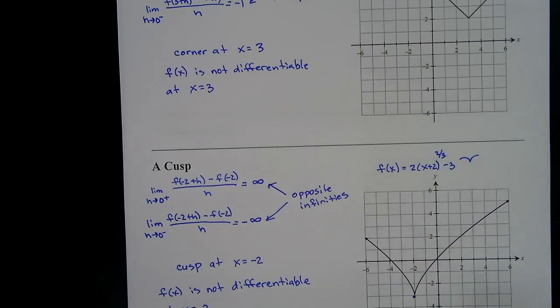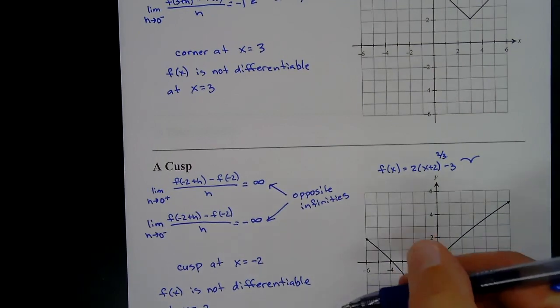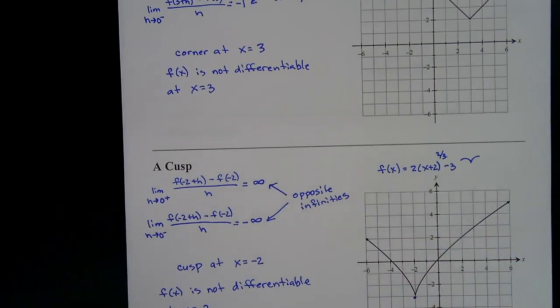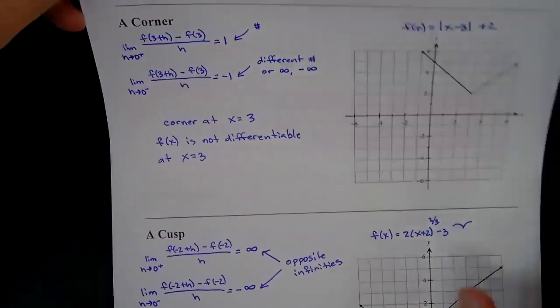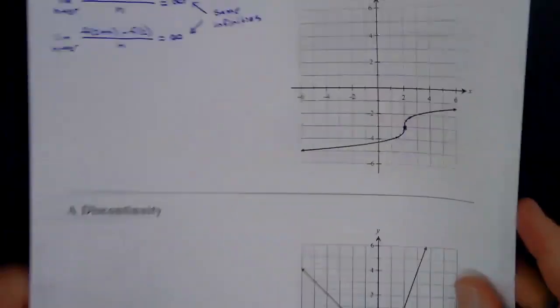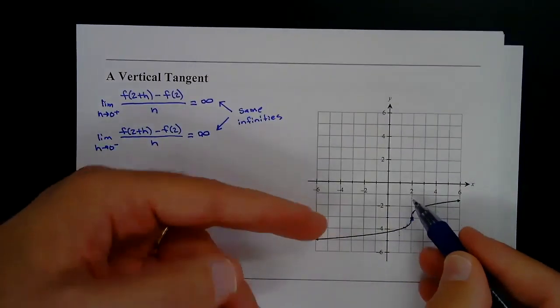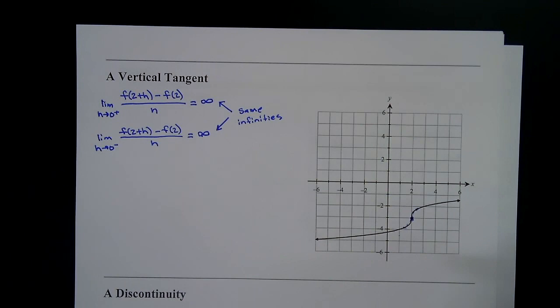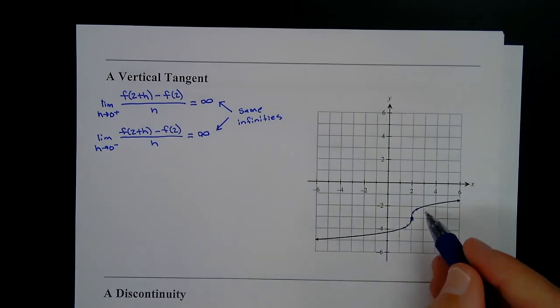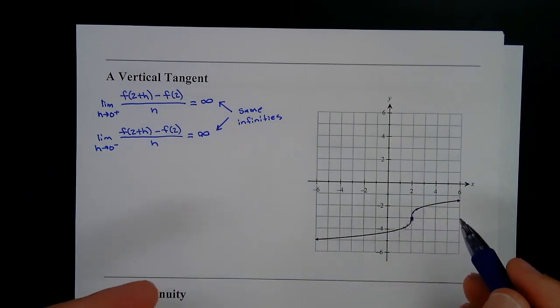Basically what it is, it's the cubic function, but one side has been flipped up over where the vertical tangent was. So for instance, if you were to take this part right here and flip it up, you would have a cusp. One of them would be infinity, and that would cause them to be opposite infinities if you did that.